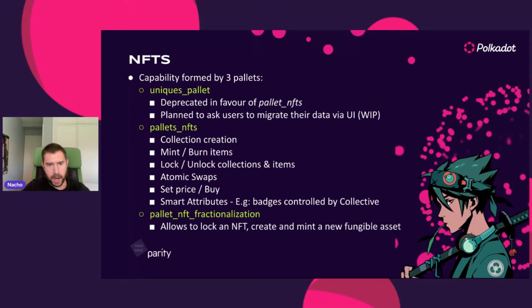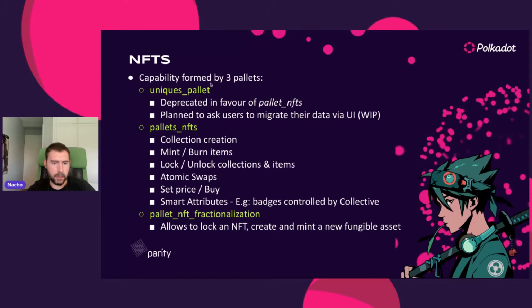We have set price and buy, which allows marketplaces, and smart attributes, which are a kind of evolution of metadata, where you can allow certain origins to modify that metadata. So for example, you could have an NFT which is a badge, and one of the fields can be modified, for example, coming from collectives, saying, okay, you have this badge and your rank is going to change from rank 1 to rank 2 or vice versa.